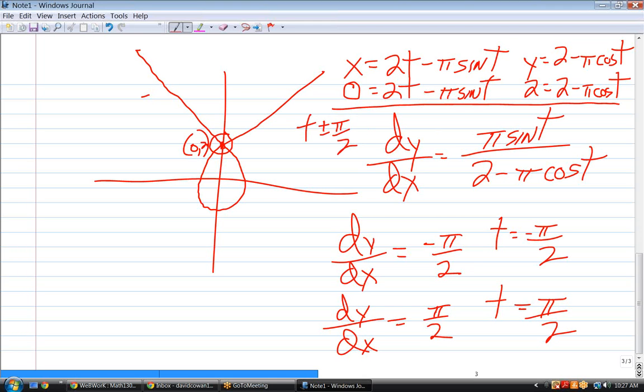Let's see, the pi over 2 comes from solving this t here. It's not trivial to solve that. Right there? Why? Well, because how do we solve it?